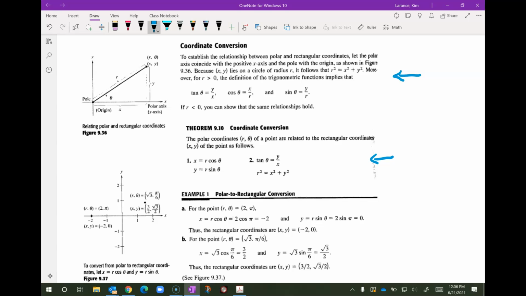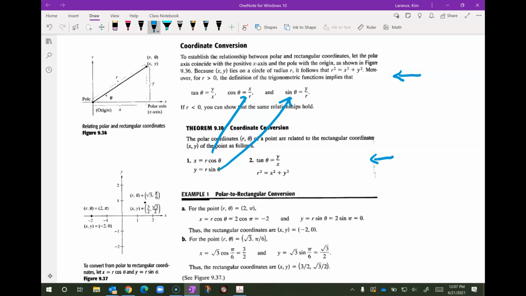Where are we getting that the length of x is r cosine theta? Well, we get that if you go up here and you cross multiply: x times 1 equals r times cosine theta. Likewise, we can get to y equals r sine theta from our rectangular coordinates and right triangle trig.